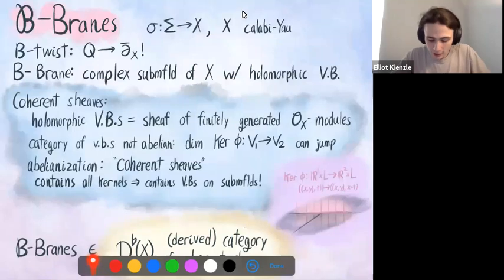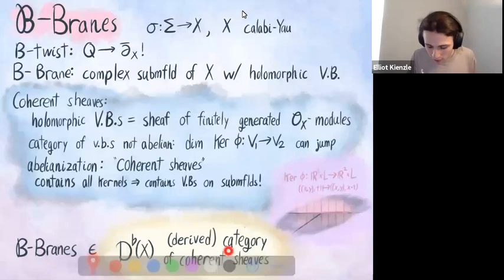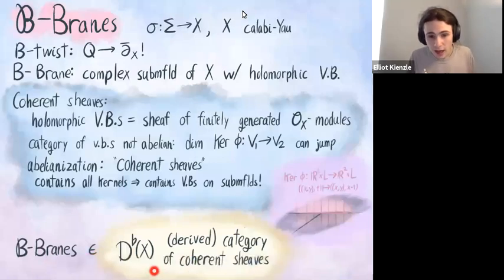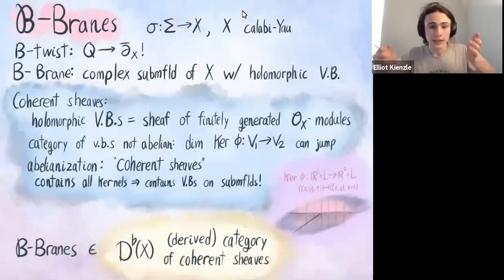And in fact, from the vector bundles on submanifolds and vector bundles on the whole manifold, if you add them together the right way, you can get any coherent sheaf. Basically, the point of all of this is that the natural abelian category that B-branes sit in is the category of coherent sheaves, and more explicitly, the derived category, because again, we're imposing BRST symmetry. That's what that does. Okay, cool.